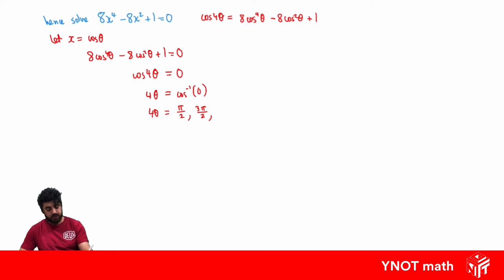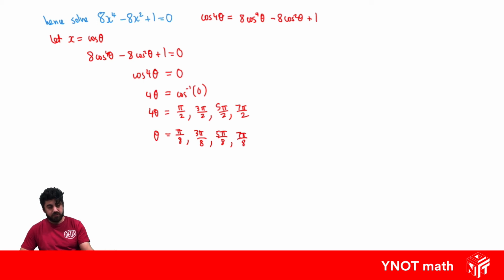So we're going to get 5 pi on 2 and 7 pi on 2. The reason we picked 4 answers was because we have an equation with a power of 4. Now divide everything by 4. So we get theta equals pi over 8, 3 pi over 8, 5 pi over 8, and 7 pi over 8.